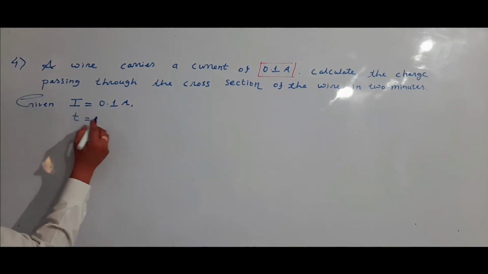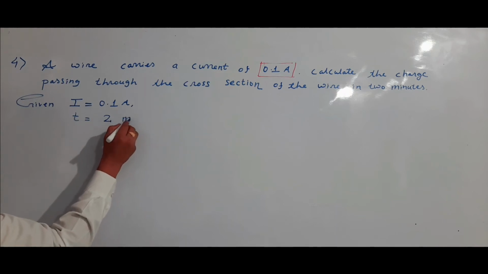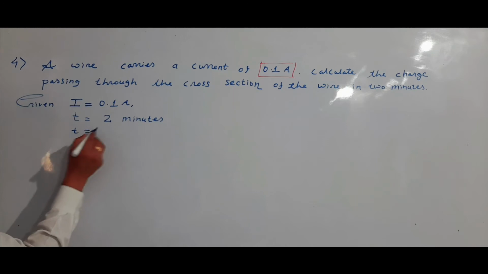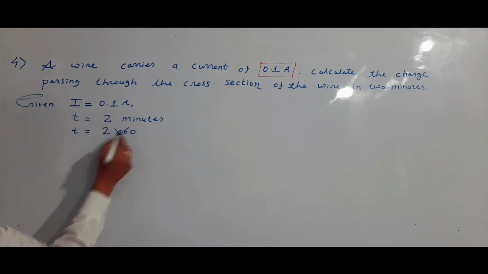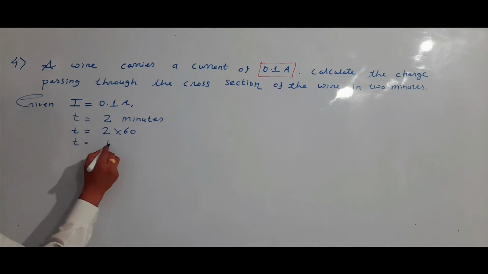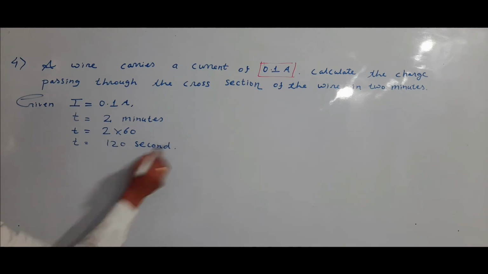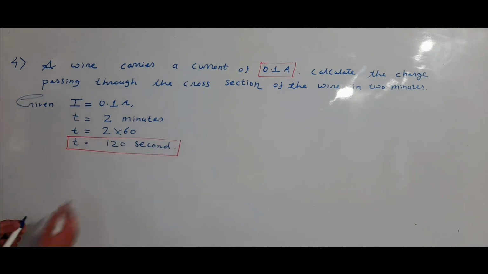T is equal to 2 minutes. But minutes we have to convert into seconds. So we'll write 2 into 60. So time is equal to 120 seconds. We have converted minutes into seconds.